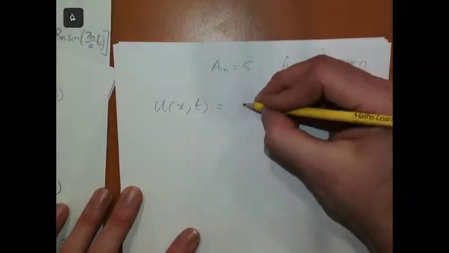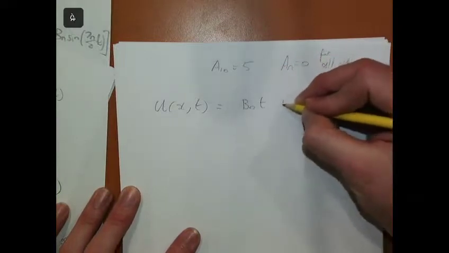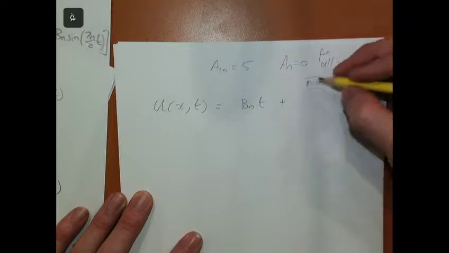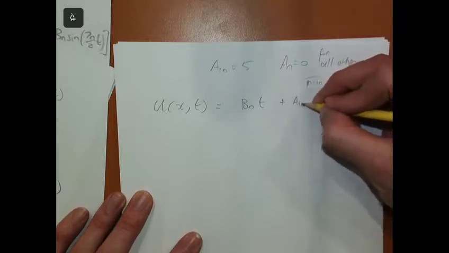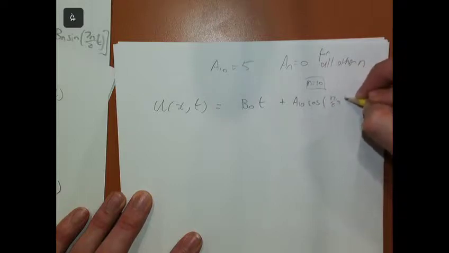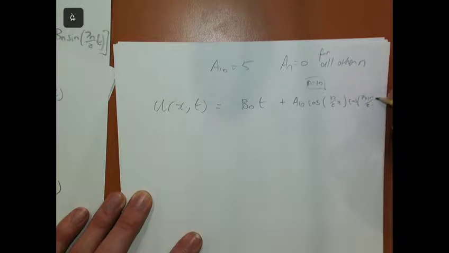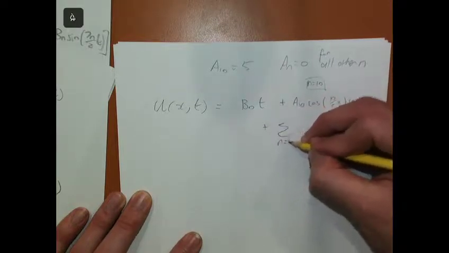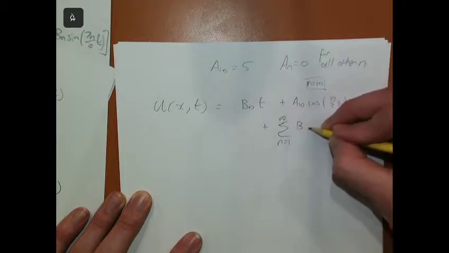So we've got B naught t plus just n equals 10 for the a's. So that's a10 cos 10 on 2x cos 7 times 10 on 2t plus the rest of the b's, because we didn't find anything out about the b's.